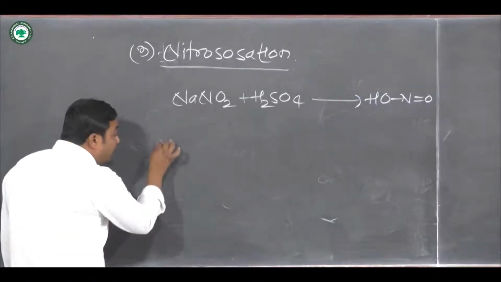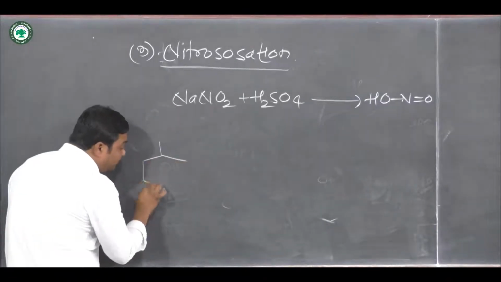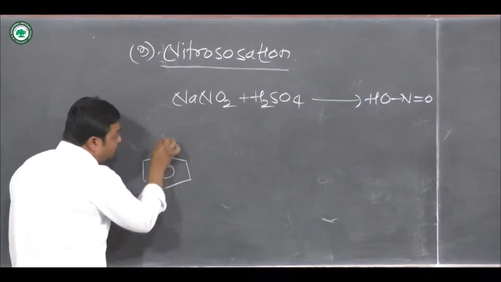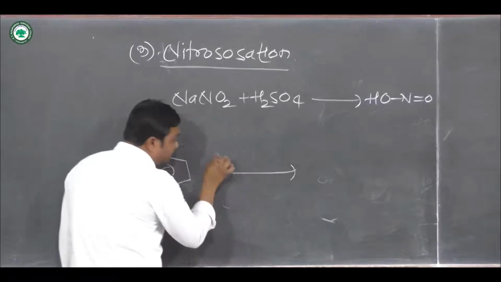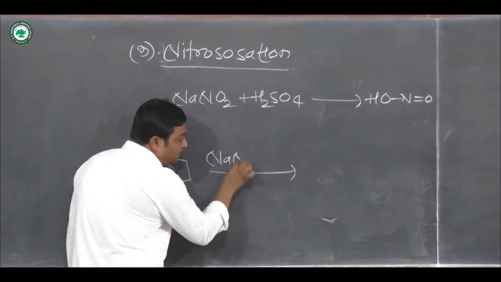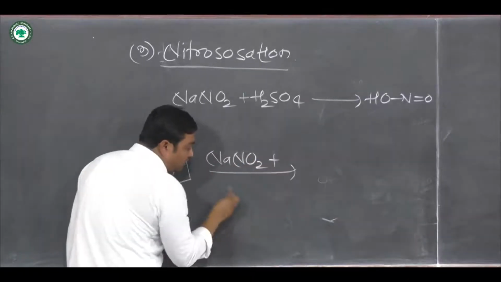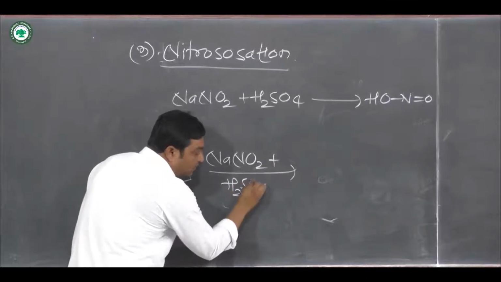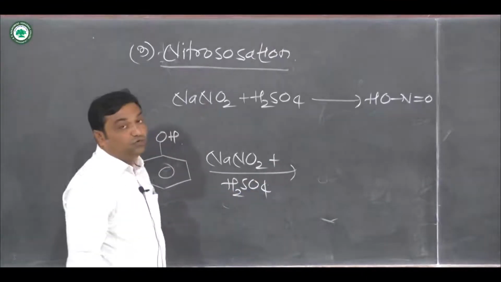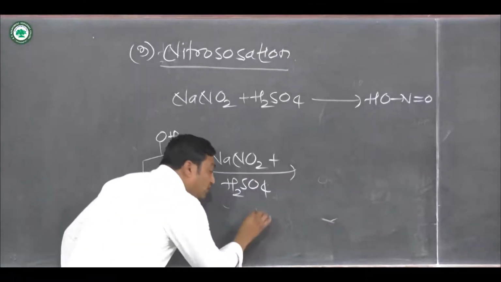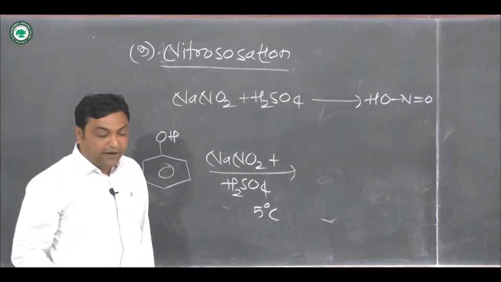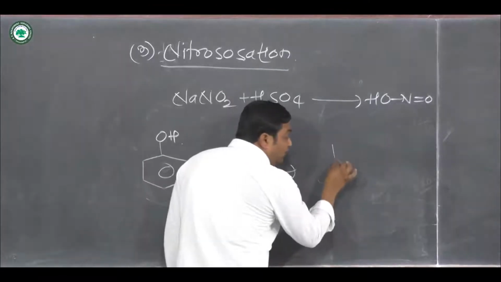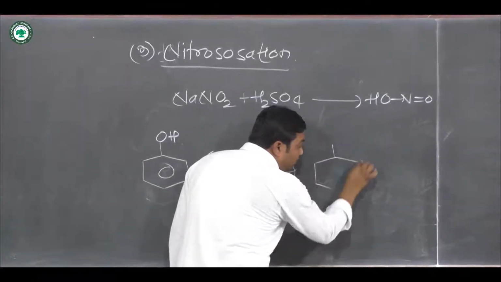Now when this phenol molecule is treated with NaNO2 plus H2SO4 at 5 degrees Celsius, we obtain para-nitrosophenol as a compound.